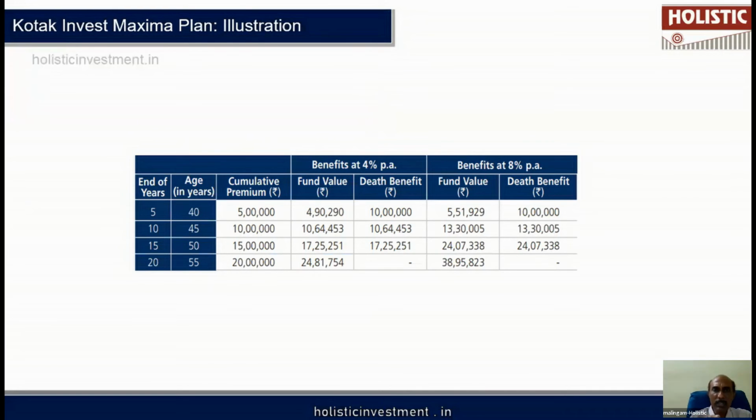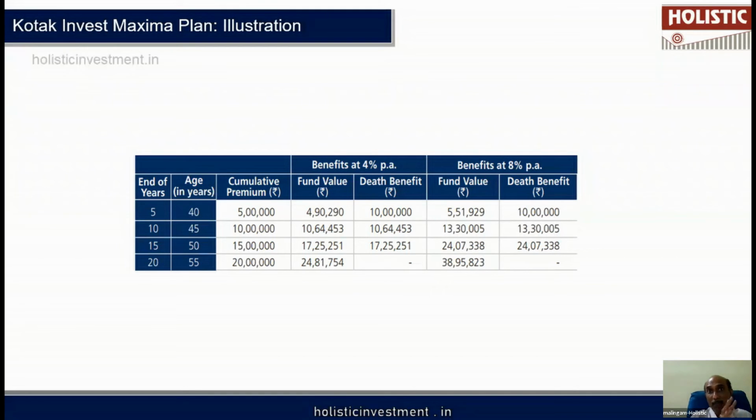The illustration which I am showing here is the benefit illustration taken from Kotak Invest Maxima's website, Kotak Life's official website. They are giving illustration under 2 heads: benefits at 4% per annum, benefits at 8% per annum. But remember, this 4% and 8% is not the net return receivable by you. 4% is the gross return received by Kotak for their investments.